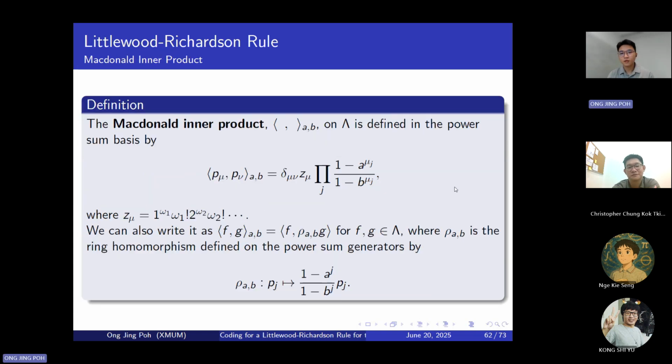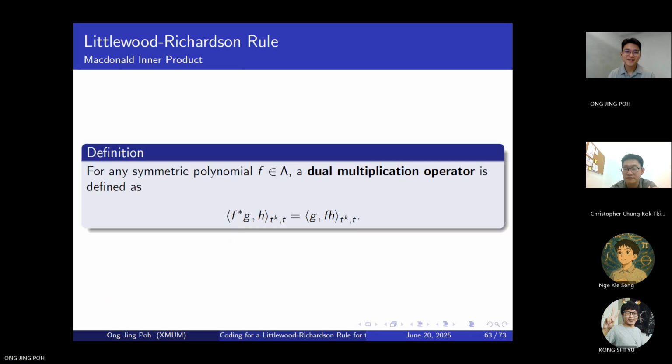So next, the Littlewood-Richardson rule for the Macdonald inner product is introduced here. By defining it using the power sum basis and showing this slide, we got something like this, where Z mu is equal to the factorization here.